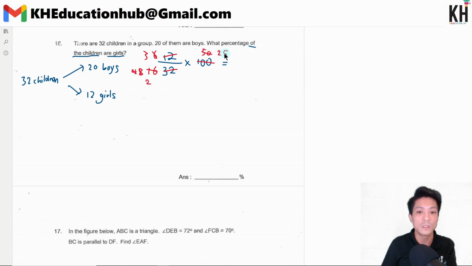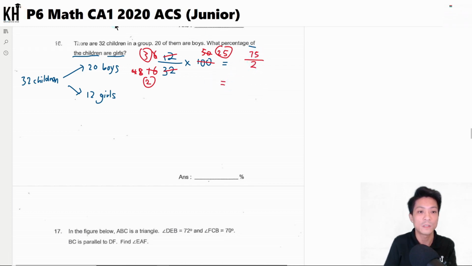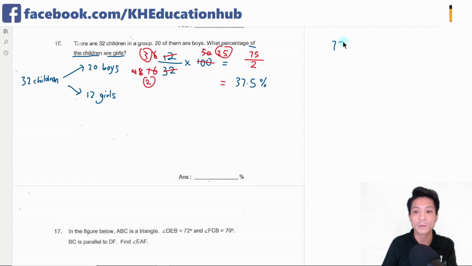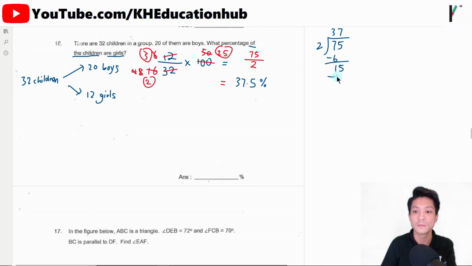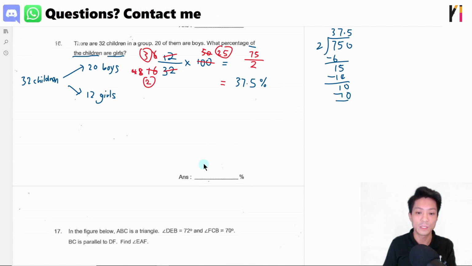So in the end I'll get 25 times 3, which is 75, divided by 2. 75 divided by 2 will give me 37.5%. You can definitely work it out, and you get the same answer, 37.5%.